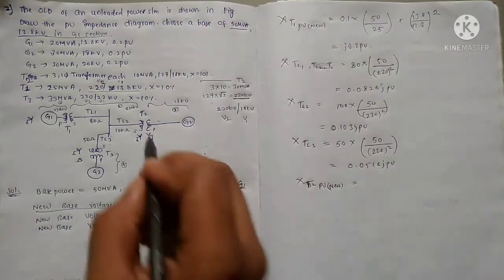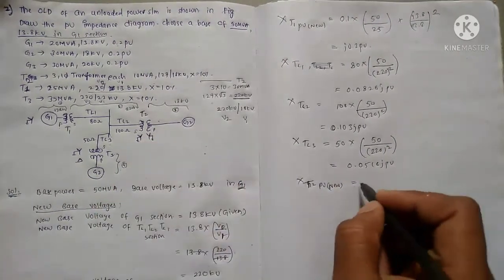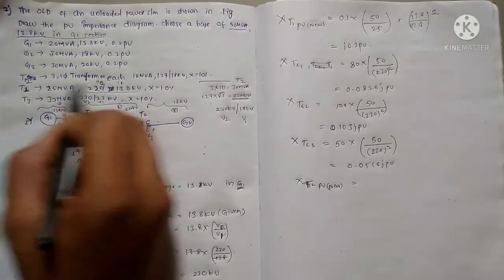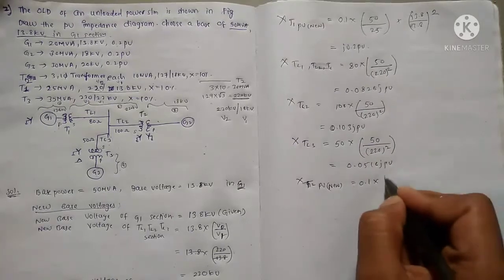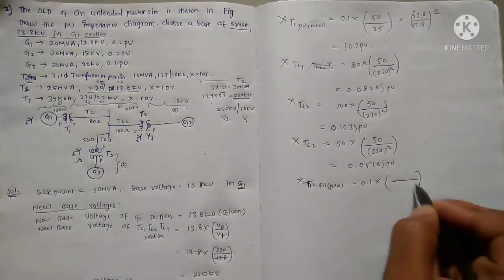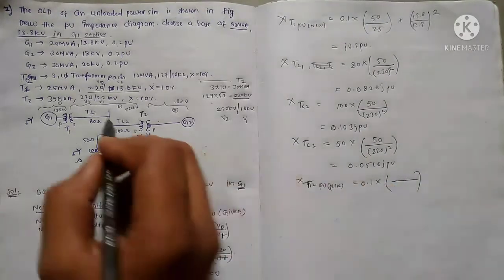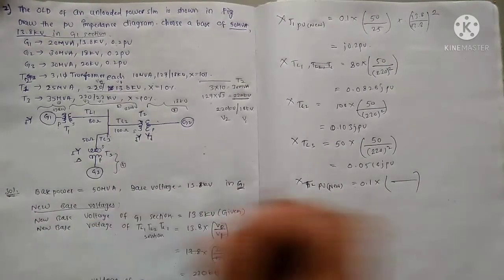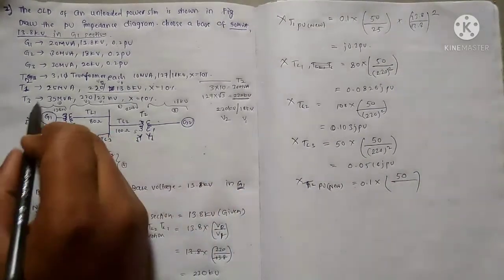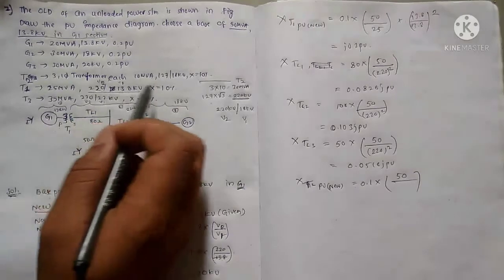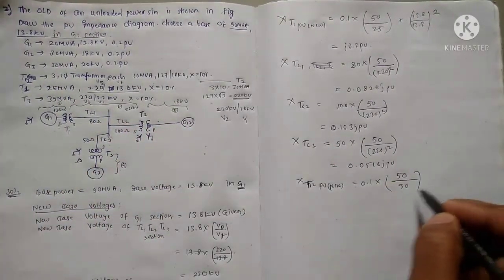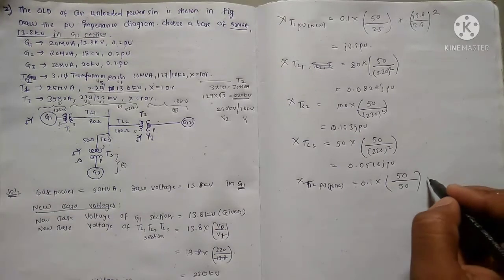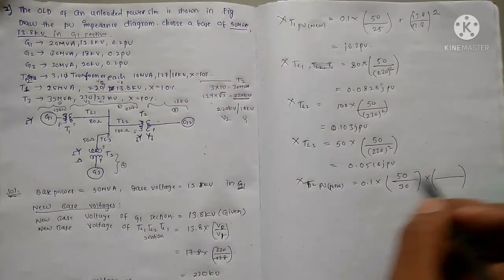And generator, T2, this T2 transformer pu new is equal to, for T2 transformer, old pu given as 10%, that is 0.1 multiplied by power section. Power section is new power 50 MVA divided by old power of T2. I said to take this power as T2 power multiplied by this voltage section.